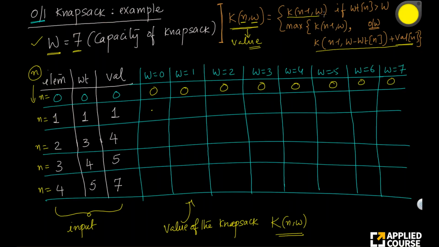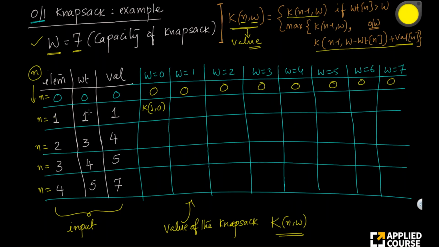It goes into this condition. Look at this, what do I have here? I have K(1, 0), which is what I want to compute. It will be equal to K(n-1, W). What is n-1? This row, 0, comma W, for the same W. And why are we choosing this?